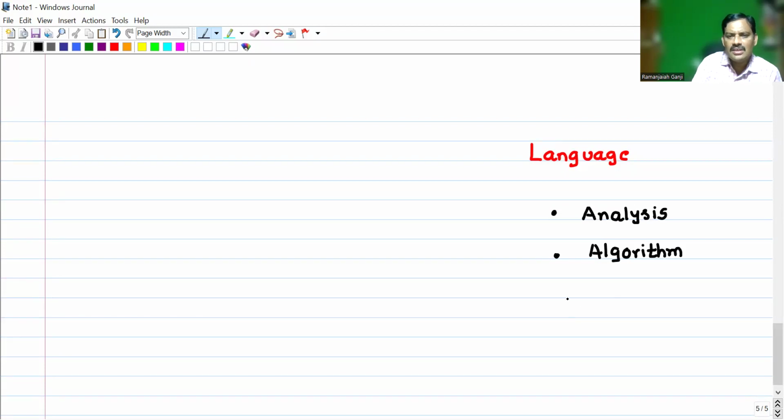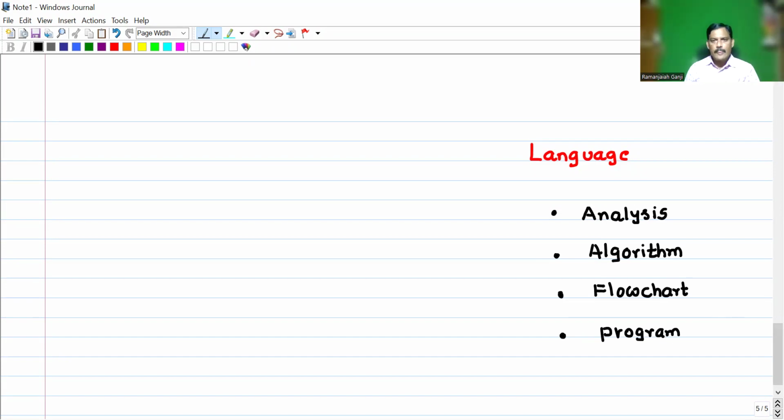If you want to learn any programming, third one is a flowchart. Fourth one is a program. See, there are 4 steps. What is the first step? Analysis. What is the second step? Algorithm. Third step, flowchart. Fourth one, program.